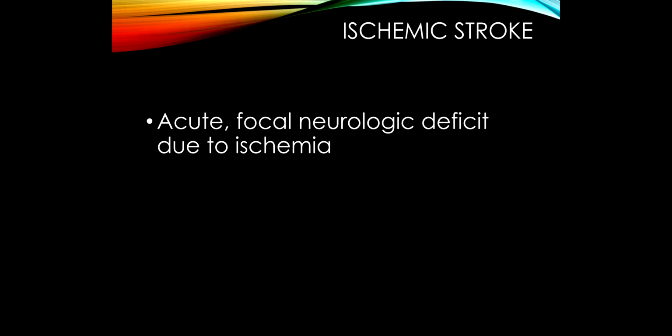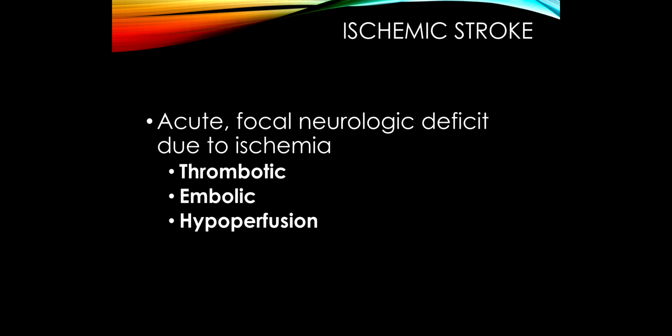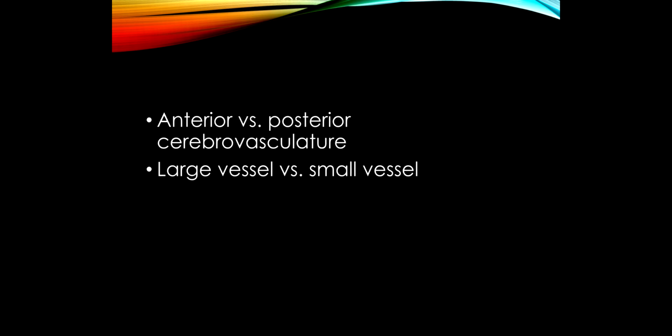All right, so we're looking for something focal. And so the mechanism can be either thrombotic, blood vessel just became occluded, or embolic, so we can have a clot that travels from the heart or the carotid artery until it reaches a point where it can't go any further, or we can have a global hypoperfusion, and we'll give an example of what that looks like.